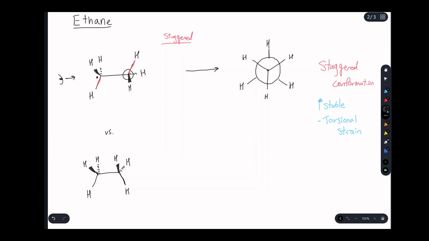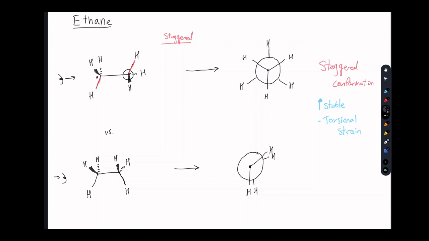Now, looking at this version, or this rotational isomer of ethane, number 2, we'll take our same Newman projection perspective. We see now that the hydrogens on the front and back carbon are both pointed downwards. The wedges are aligned to the right, and the dashes are aligned to the left.